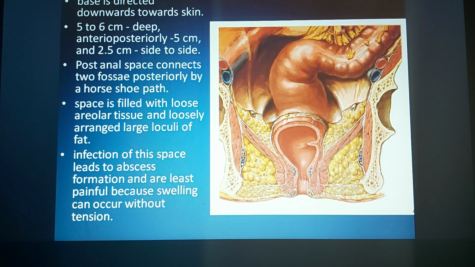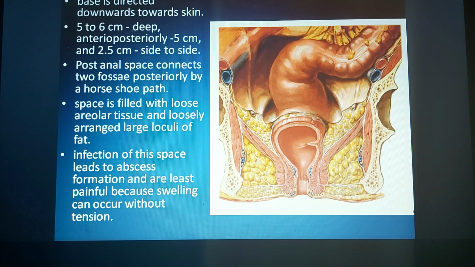This post-anal space connects the two fossae posteriorly by a horseshoe path. So posterior to this anal canal, there is a connection between these two fossae. So that is the horseshoe path. This space is filled with loose areolar tissue and loosely arranged large loculi of fat.